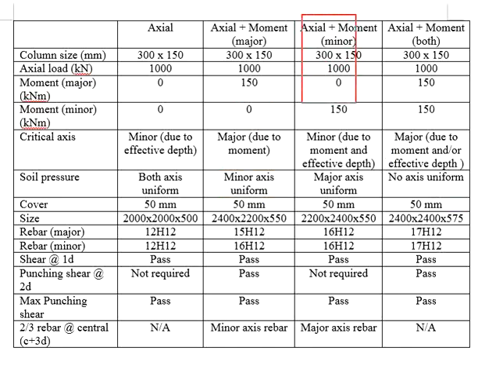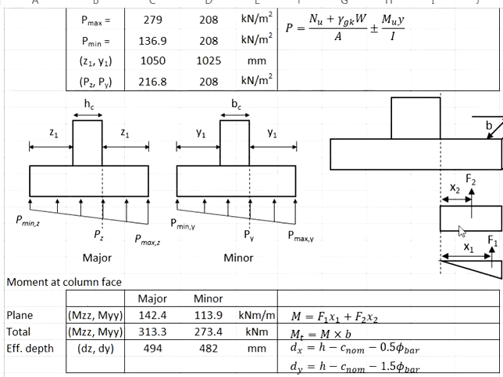The same principle applies when you have moment in the minor axis. Due to the moment in the minor axis, the linearly distributed stress will be in the minor axis, whereas uniform stress will be in the major axis.